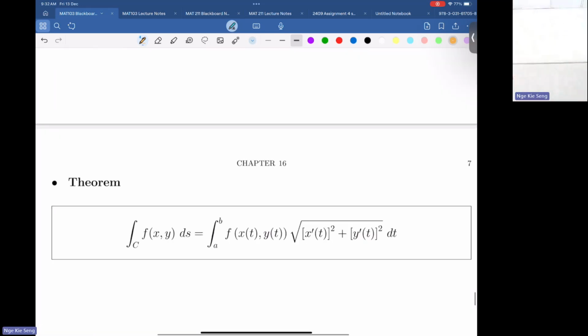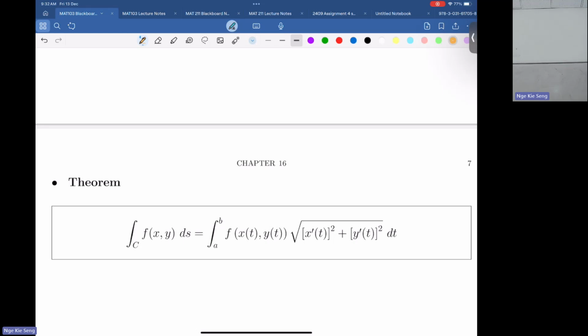So let's jump to the formula first. What is this ds here? You can parametrize your curve using t, but there's a factor, which I told you last time, the Pythagoras theorem factor. So this is the new line integral. What's the difference from the calculus 1 integral?